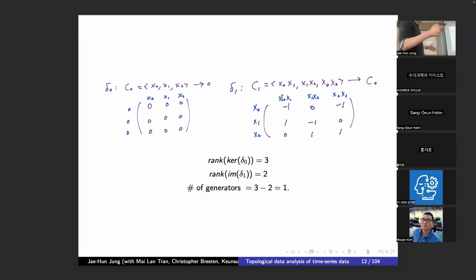So basically, computing the homology is basically linear algebra. In fact, the complexity of computing the homology is at least cubic. So it's expensive. You have to do matrix operations all the way. Okay, so this is quite expensive.